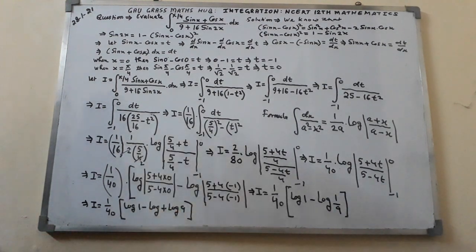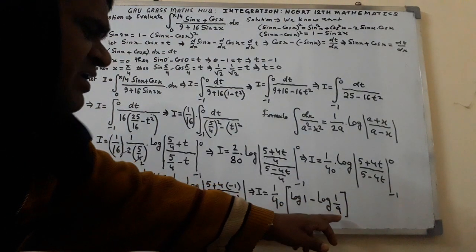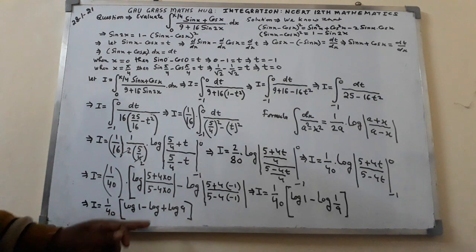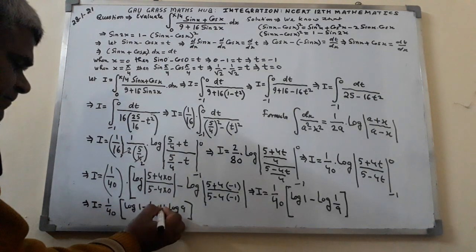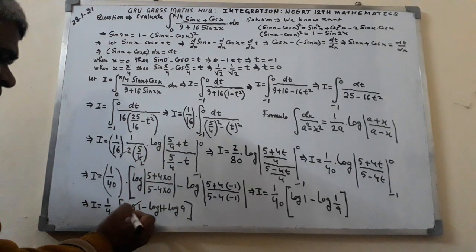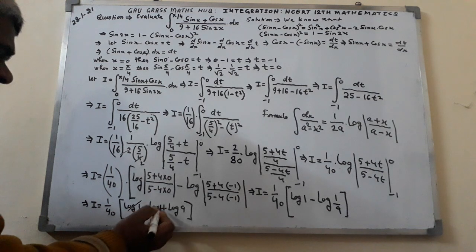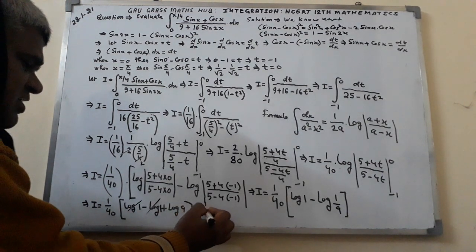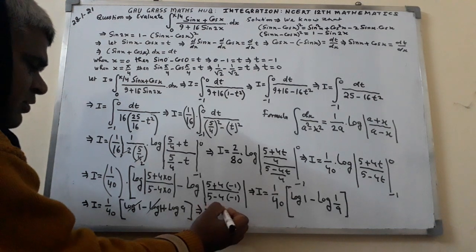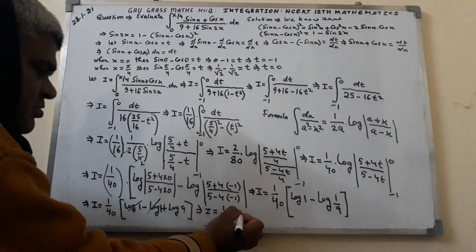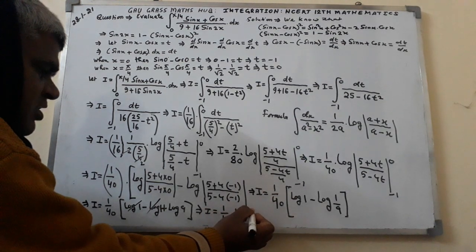Bracket close, because here log 1 minus log 1 plus log 9, the log 1 minus log 1 will be cancelled out. We will get here, implied that I equal to 1 over 40 dot log 9.